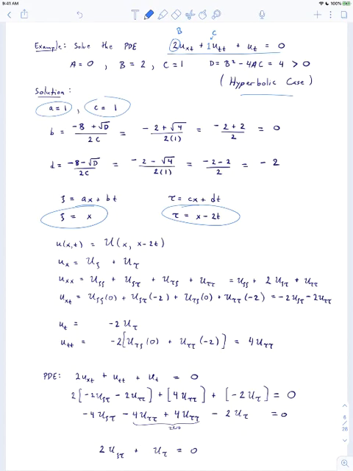So now we can go ahead and compute the partial derivatives. We need the partial derivative of u with respect to x and t, the mixed partial, and we also need the partial derivative of u with respect to t twice, and of course just the partial derivative of u with respect to t, but in order to get u sub tt, we're going to need to find u sub t anyway.